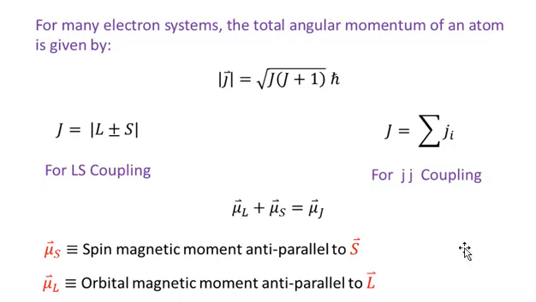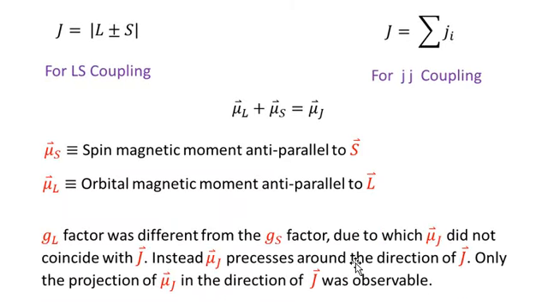I have shown total J for the LS coupling, and total J for the JJ coupling. For both of these couplings, mu L and mu S are combined to give mu J, where mu L is the orbital magnetic moment of the atom, mu S is the spin magnetic moment of the atom, and mu J is the total magnetic moment of the atom. This statement can readily be written for the LS coupling, because in the LS coupling the spin and orbital quantities exist there.